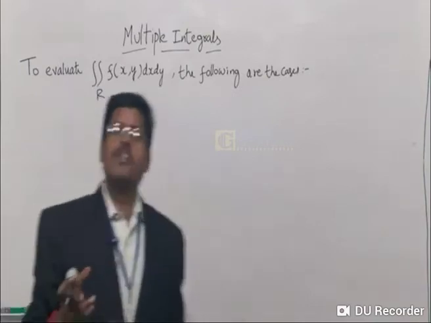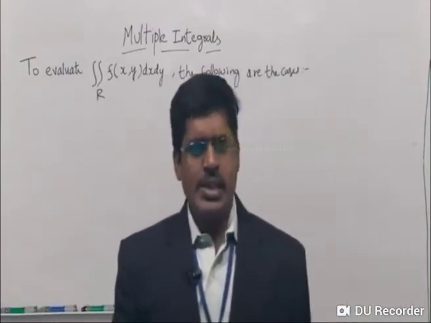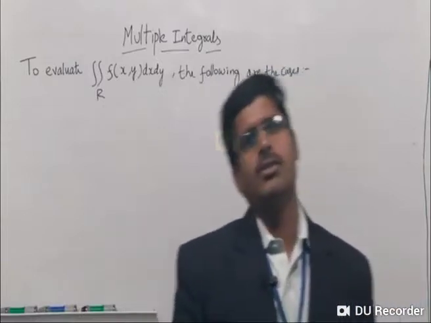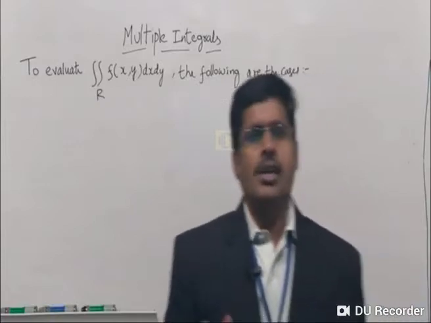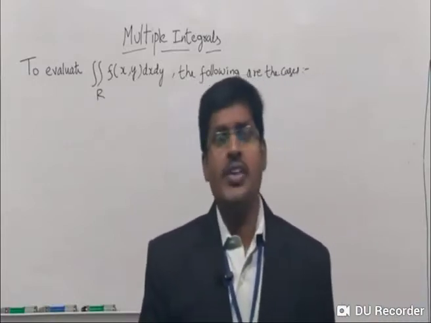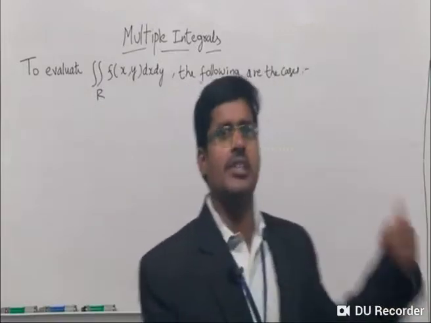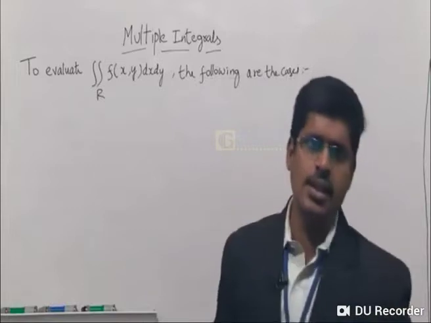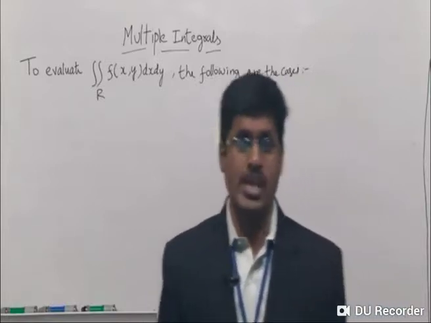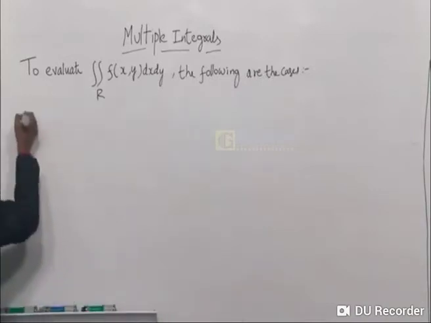Here R is the region bounded by the curves. f of x comma y is the function to be integrated. One is with respect to x and the other is with respect to y. That double integral is the double integral of a function f of x comma y defined over the region R, denoted by double integral R f of x comma y dx dy. Directly I am giving how to evaluate. There are three cases, according to the region bounded by the curves, that is the limits. Following are the cases. 1.